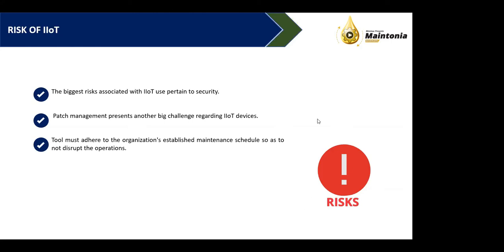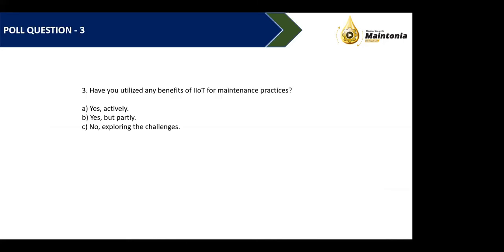And a notorious person cannot hamper the data collection. Risk is there, but the solution is ahead of the risk. The solution is right now available. Before we implemented this IIoT, the solution was ahead of that. So nothing to worry. Poll question number 3.